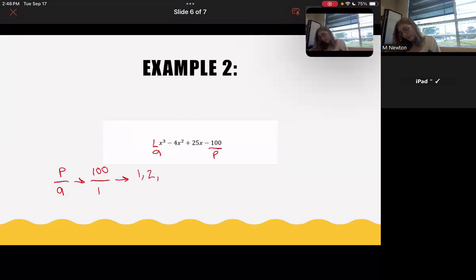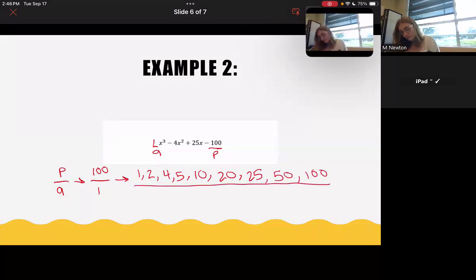That's a lot of numbers, but we'll get through it. We got 1, 2, 4, 5, 10, 20, 25, 50, and 100, all over 1, which is our only one for Q. And then just like before, I'm going to divide.